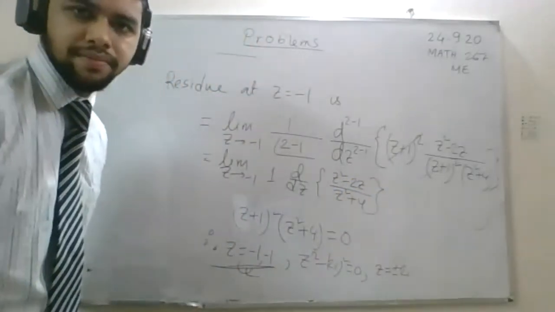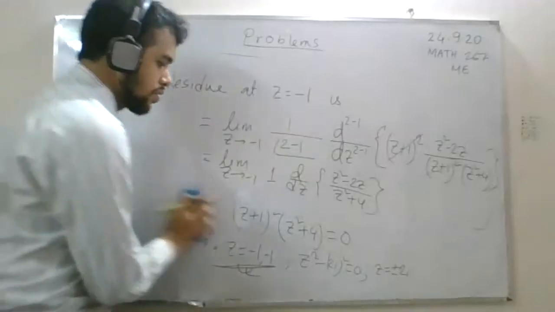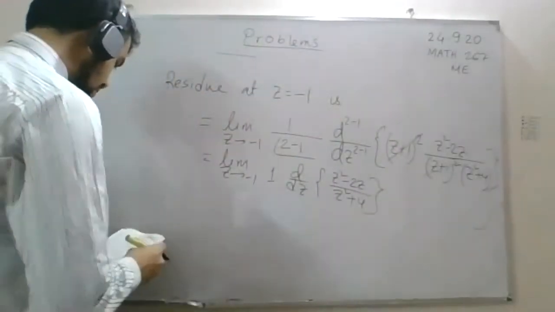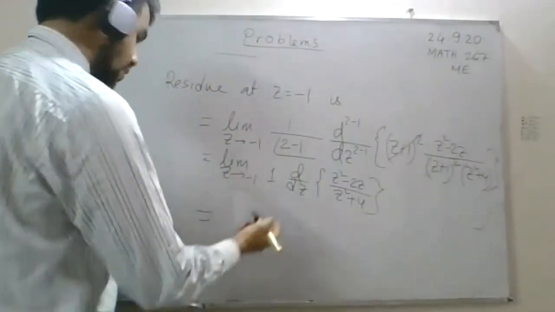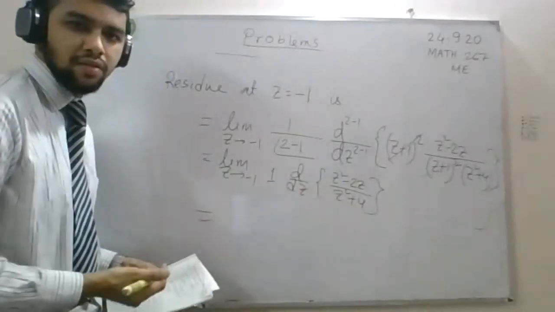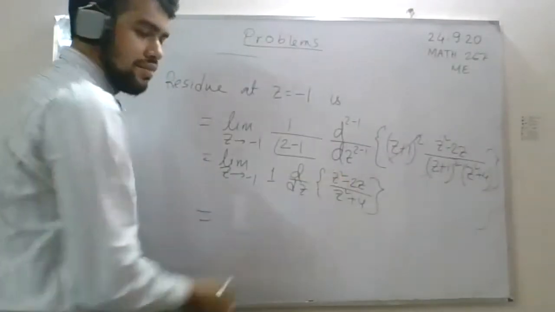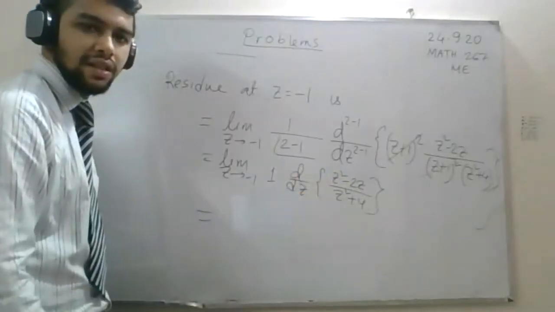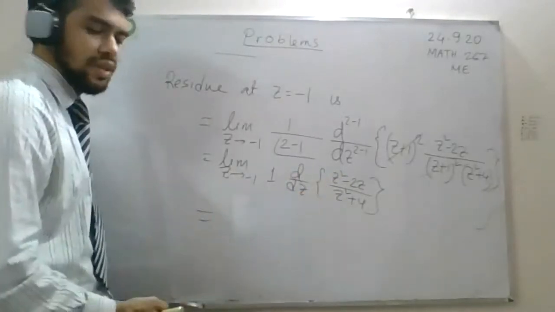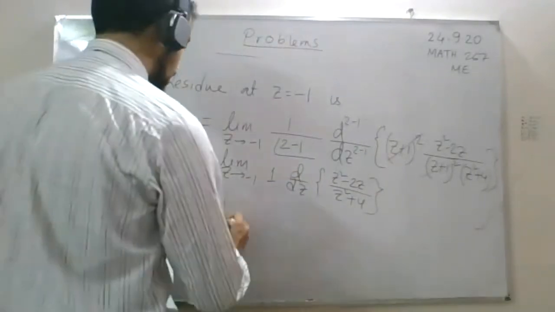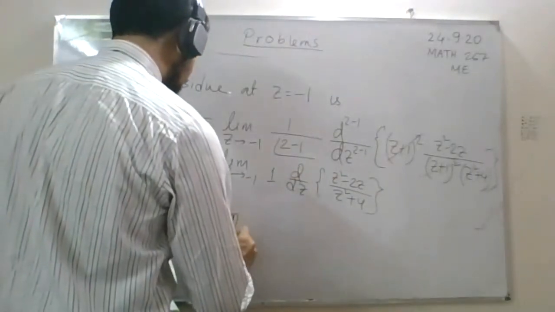Now just solve this equation. How can you solve this? You have to use the U by V method. This one is U and this one is V. Just apply the derivative formula for the U by V method. So what will be our result?